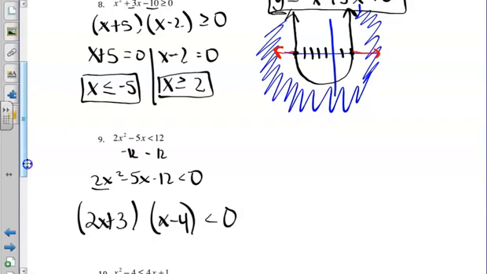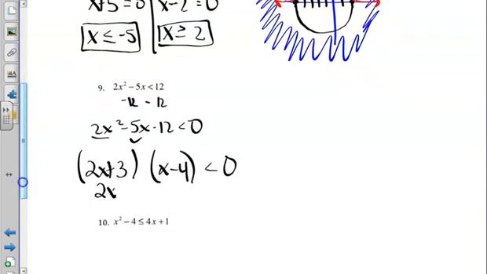And when I distribute, I will get 2x squared minus 8 plus 3, and that does check for negative 5. So let's take our factors and let's set them equal to 0 like we did when we solved. And we will get x is equal to negative 3 halves, and x is equal to 4.